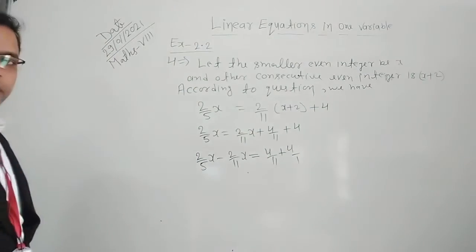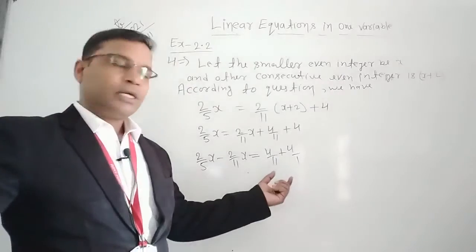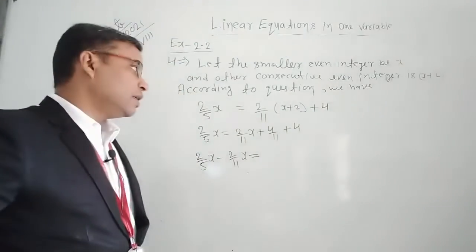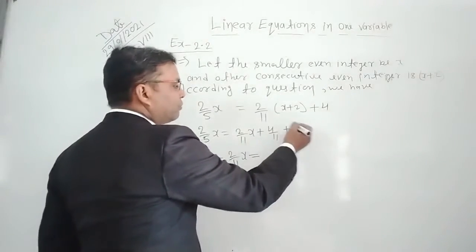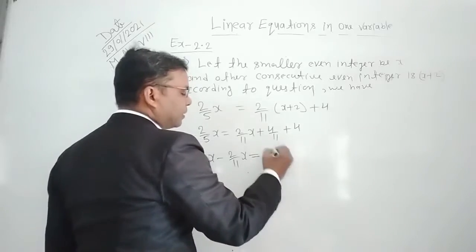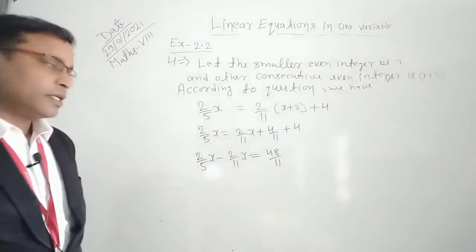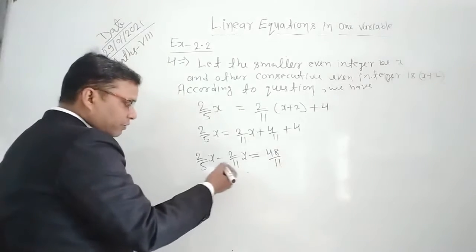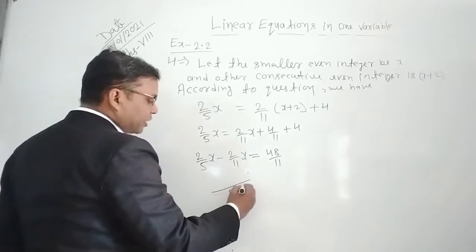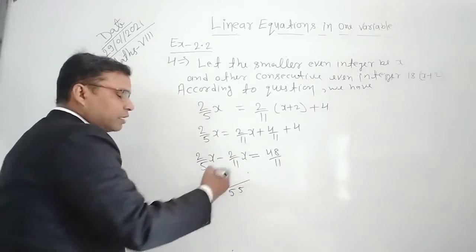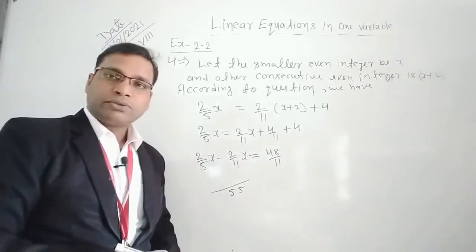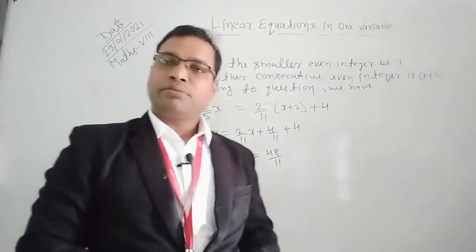If you take 11 as the LCM, then 11 times 4 is 44, 44 plus 4 is 48, so 48 by 11. Now what is the LCM on the left side? It is 55, because 5 and 11 are both prime numbers, so their LCM is their product.